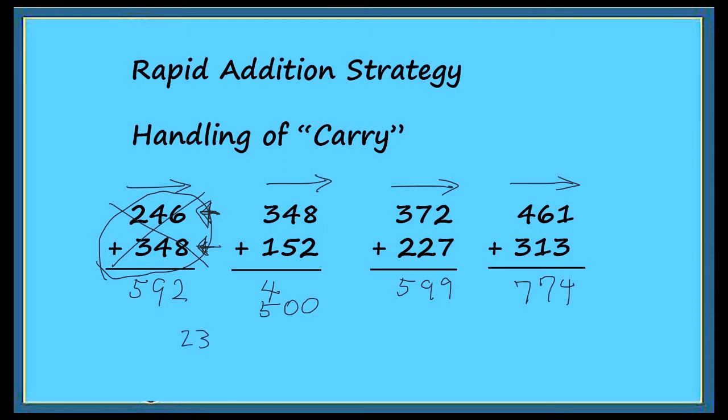So 2, 3, 4 plus 24. Most people can do this. So from the top, no problem. There's not even a carry. 4, 6, 7, and 45.